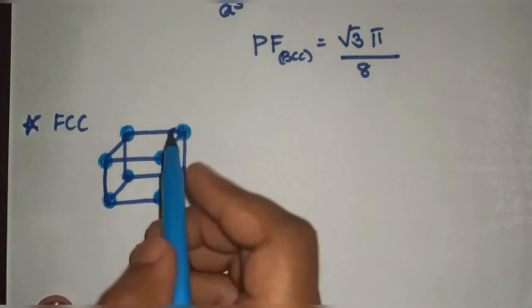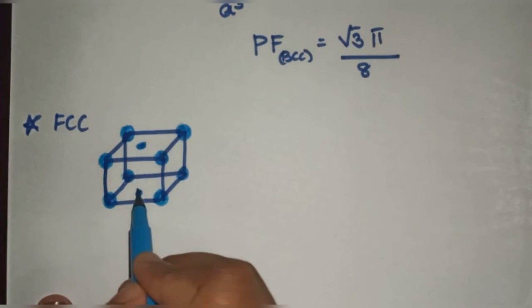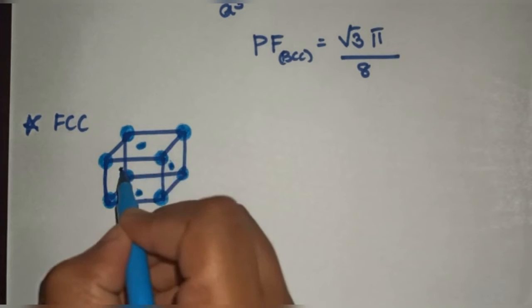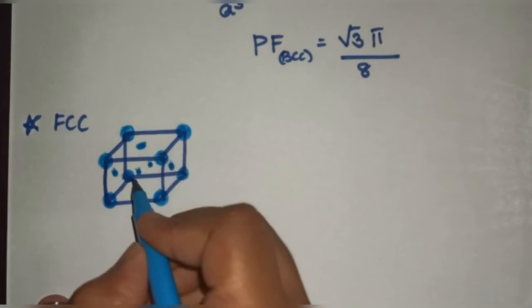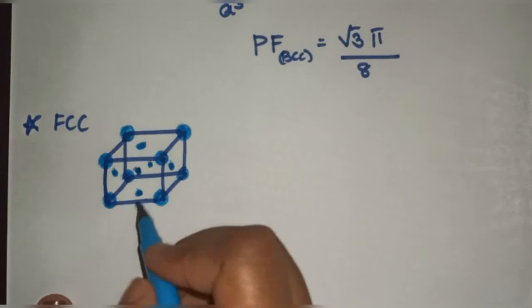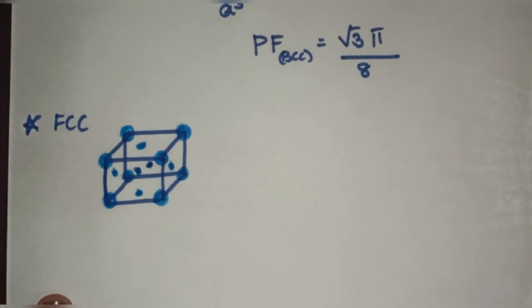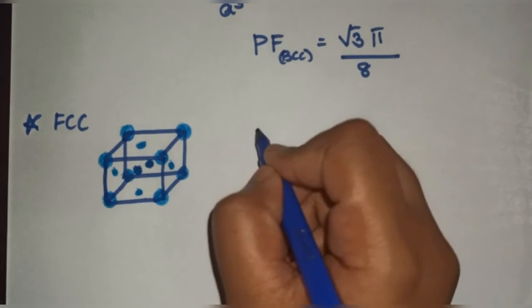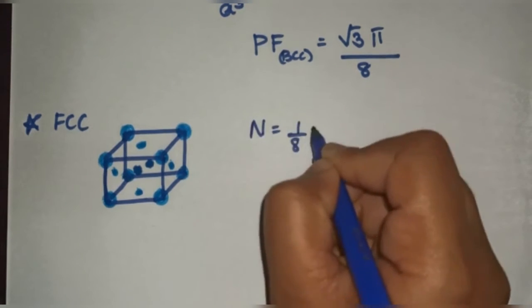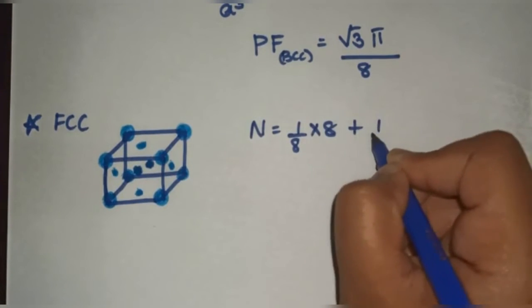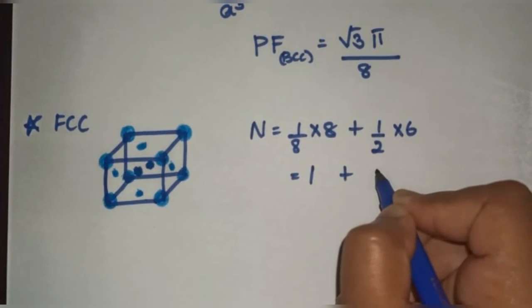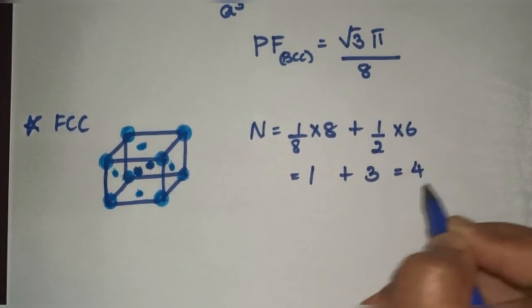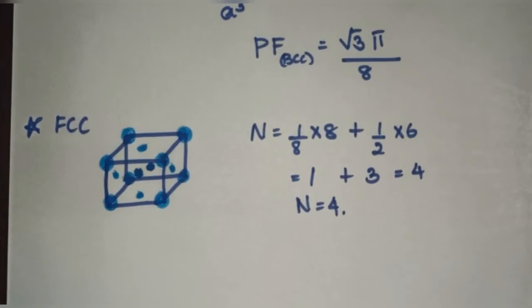Now we are going to put them on the faces. 1, 2, 3, 4, 5 and 6. This one will be in the front and this one will be behind. Now the number of atoms here will be 1 by 8 into 8 plus 1 by 2 into 6, which is 1 plus 3, 4. N will be equal to 4.